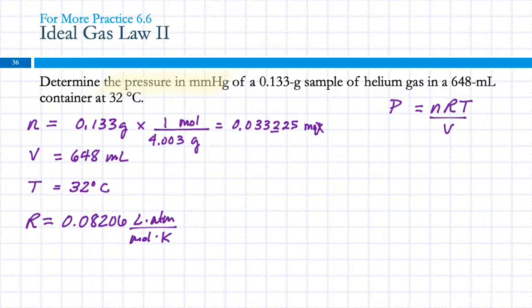I don't have to worry about that one. The units on the ideal gas constant tell me what units I need for the rest of my things. Oh, I know what happened. This got messed up here.